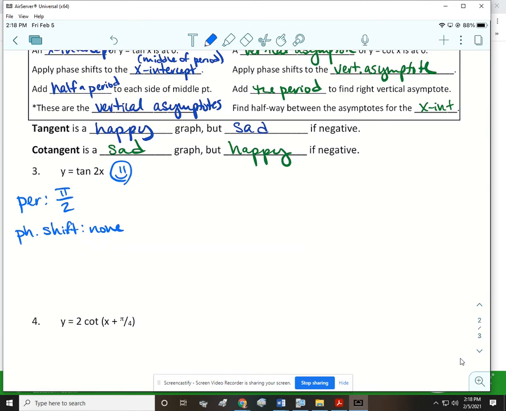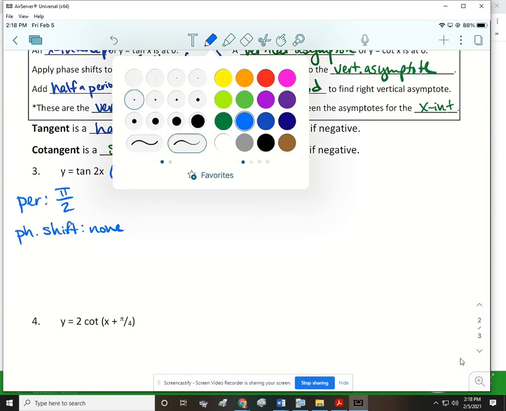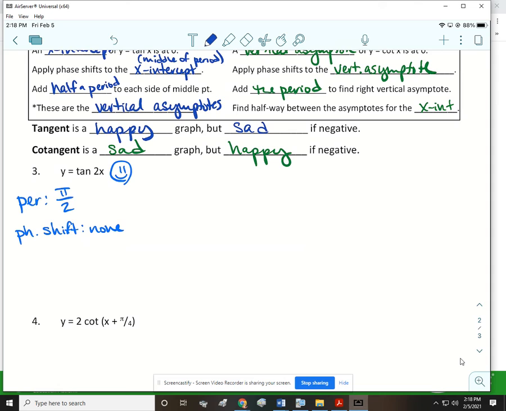Okay, so when there is no phase shift on a tangent graph, that means that the middle of the period is always going to be the x-intercept, and it's going to be at 0.